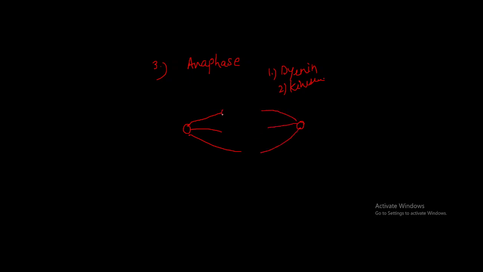Now the sister chromatids will move away from each other. So here you can see in the anaphase and in the telophase there are 92 chromosomes and 92 chromatids. Why?